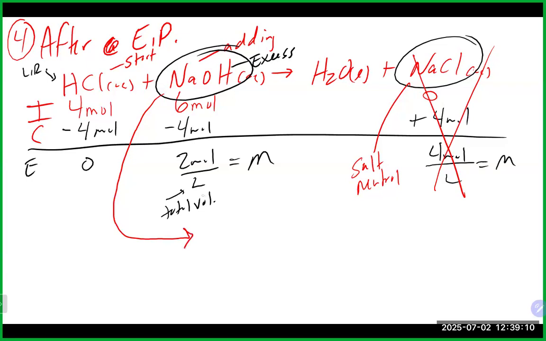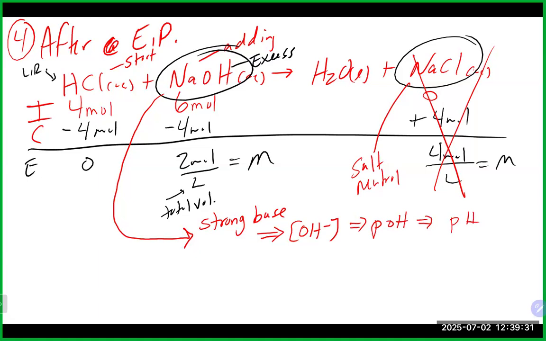And in this case, sodium hydroxide is still a strong base. And because that is a strong base, you could get the hydroxide concentration from it. Remember, that's the hydroxide concentration, not the H plus concentration. That means you got to do a little pOH action, right? And subtract from 14 and get yourself to the pH at this point.